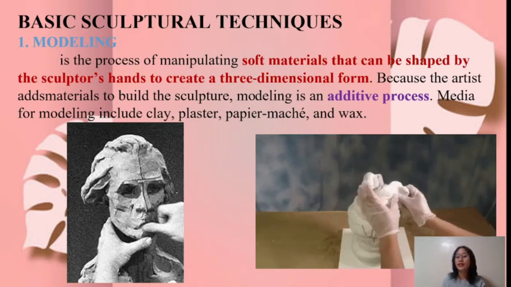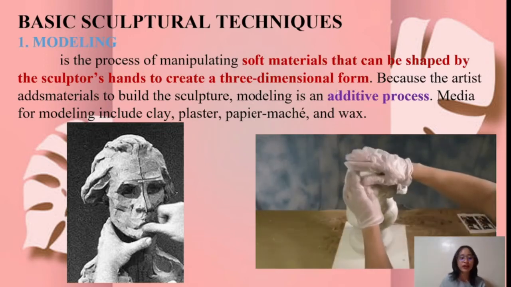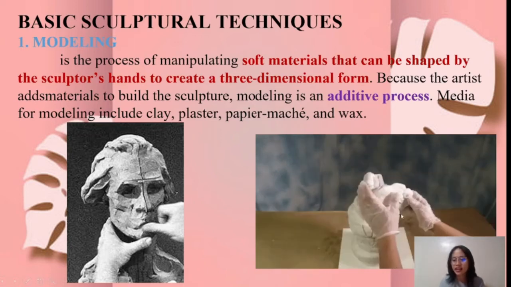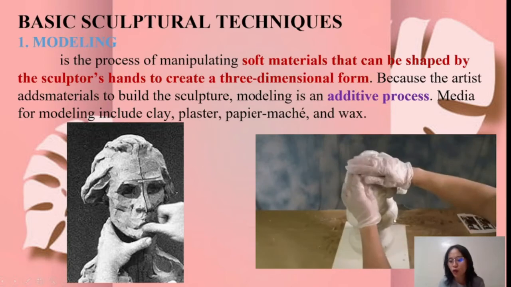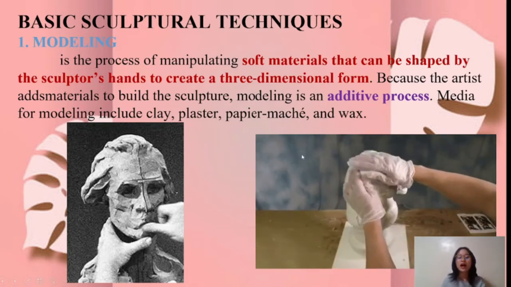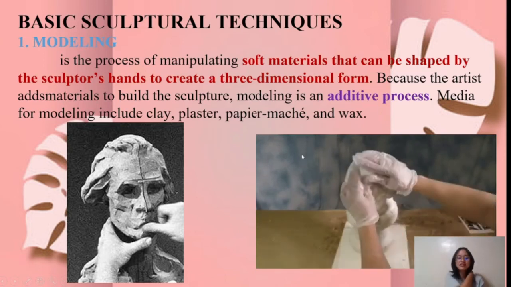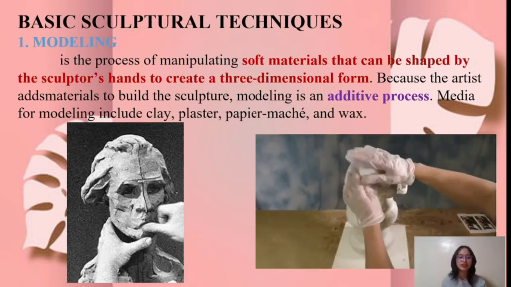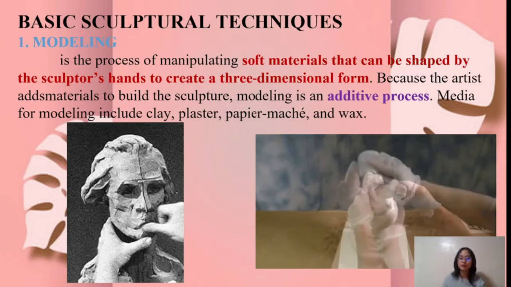We, the one who makes the sculpture, have the ability to create a form by using our hands. Sama ani si artist kay ginahulman niya ang wax or clay ba ni gamit ang iyang hands to create a new form. Modeling is an additive process, meaning ang soft materials is worked by the artist to build up a shape or forms.